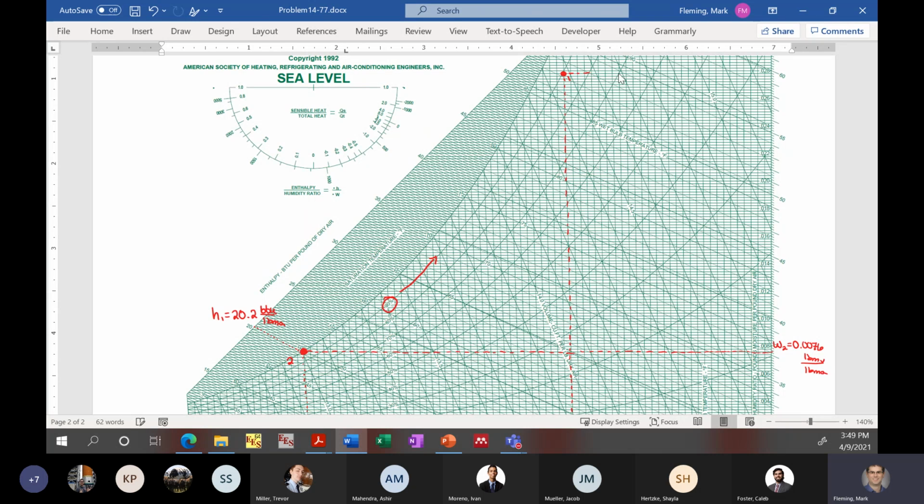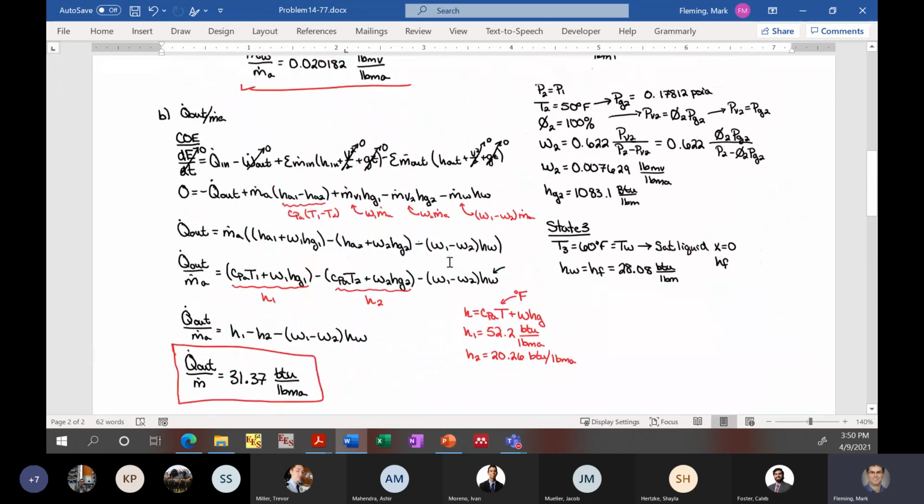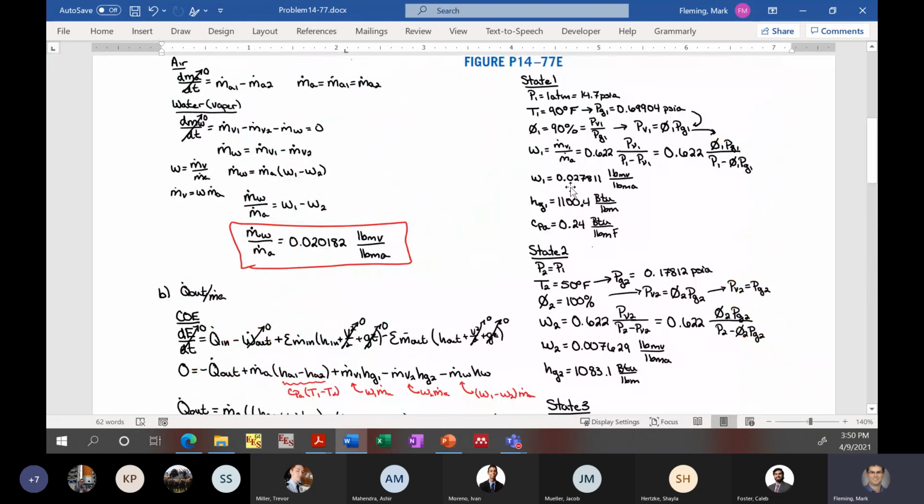And so if we go ahead and do a lookup on the values over here, trying to keep this constant, we'll see that that's right about 0.028 pound mass of vapor per pound mass of dry air. And if we just do a quick comparison on humidity ratio, this is 0.0278, that basically rounds to 0.028.